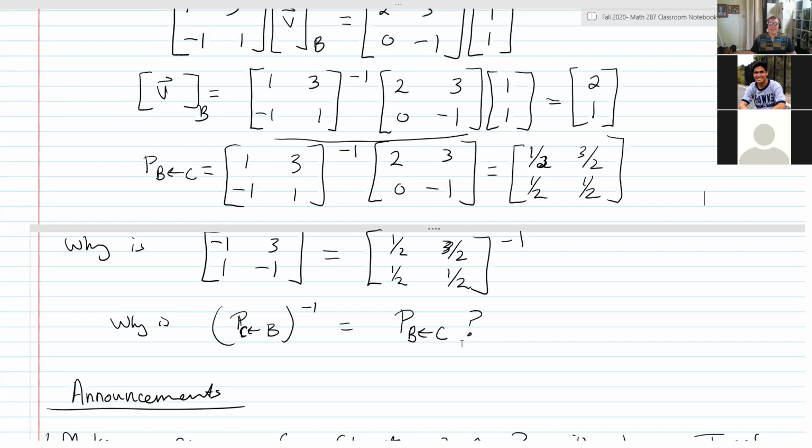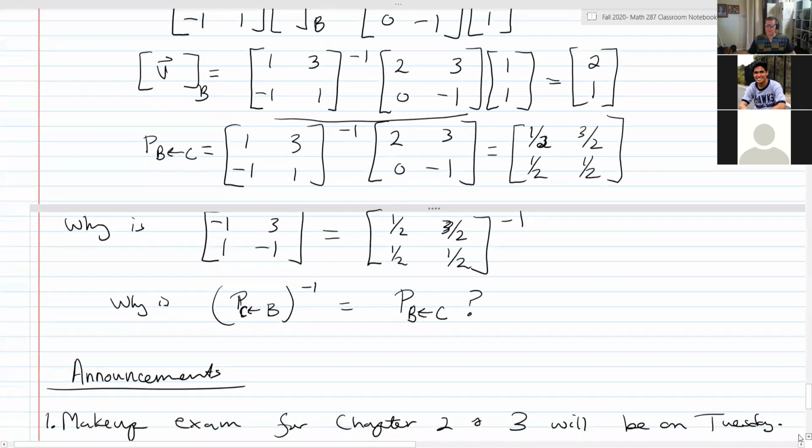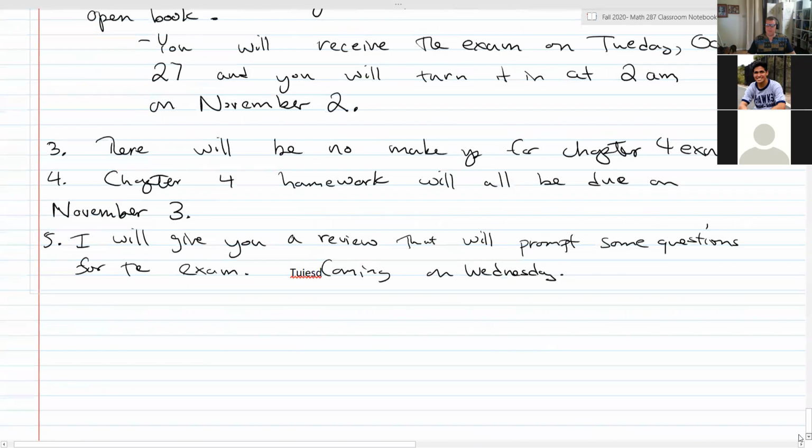If I take this matrix here, this is that P from B into C, and I multiply it by a vector in C, it gives me a vector back in B. If I wanted to go the other way around, back from B into C, it makes sense that I should just take its inverse, inverse to both sides, and that would go from 1, 1 into 2, 1. So if we think about it from a theoretical standpoint, okay?